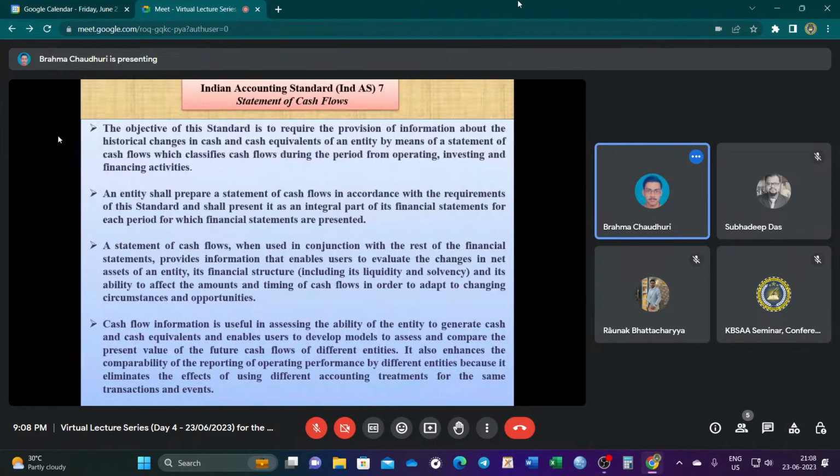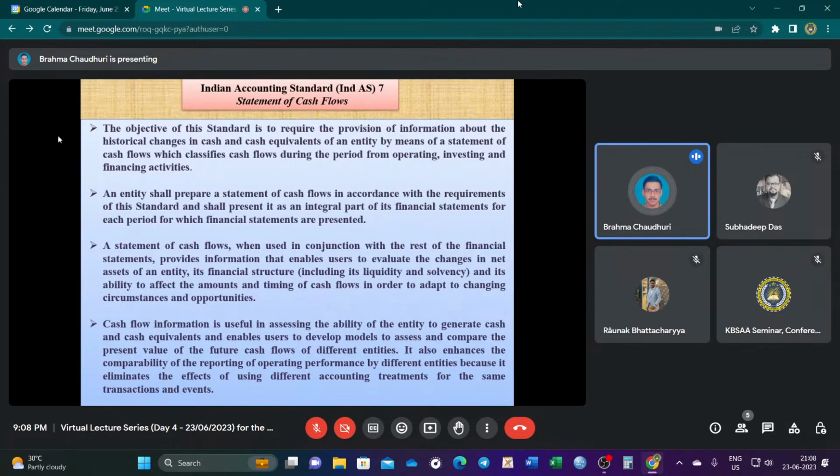The objective is to require the provision of information about the historical changes in cash and cash equivalents of an entity by means of a statement of cash flows which classifies cash flows during the period from operating, investing, and financing activities. That means, simply speaking, this standard deals with the provision of information.